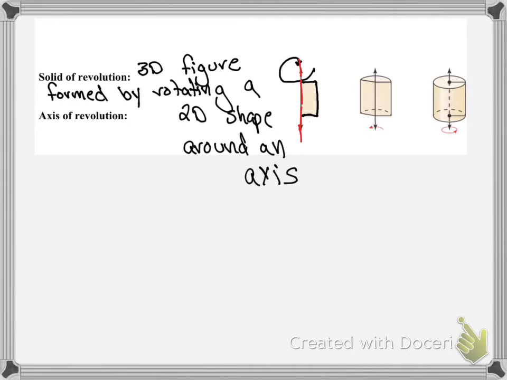And that axis we call the axis of revolution. Because depending on which way I rotate it, if I was rotating it this way instead, it would actually be the same figure, I think. It would just be a shorter, fatter one.